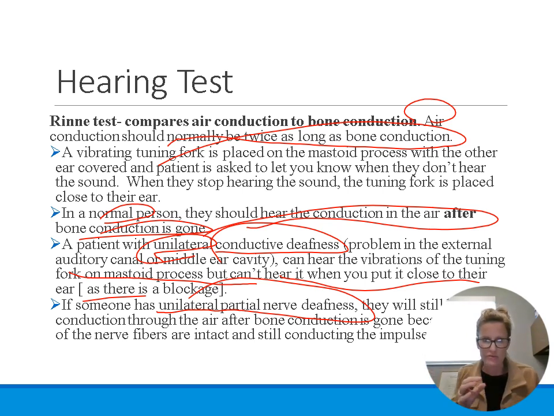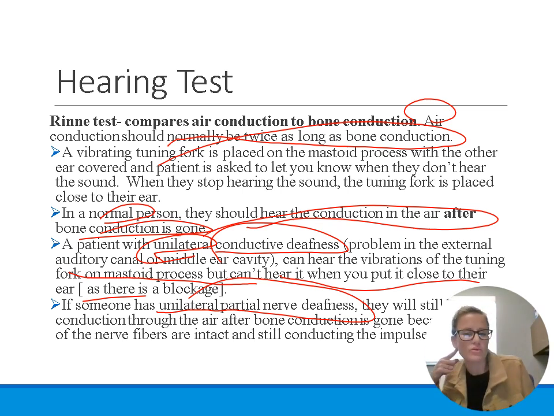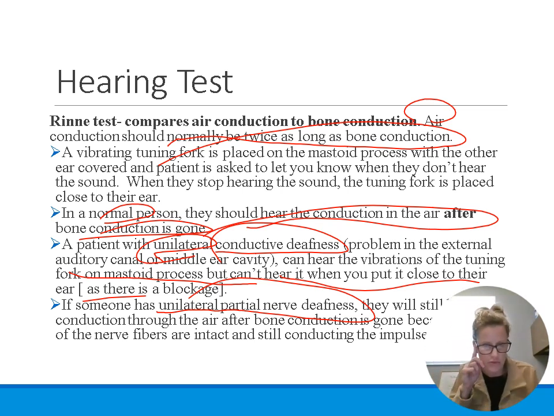Some part of the nerve fibers are still intact, still conducting nerve impulses. So they'll have quiet hearing through the bone, and then they'll hear a little bit longer through the air. If it was unilateral complete nerve deafness, the nerve's not working at all, they won't hear either. So with complete nerve deafness, there's no bone conduction on that side, and there's no air conduction on that side.